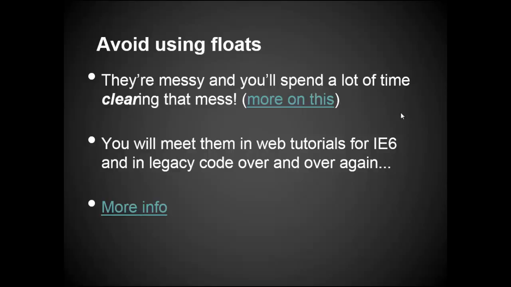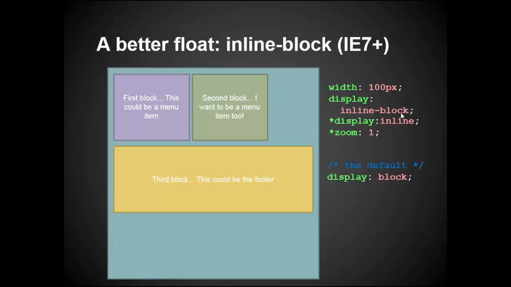But bottom line, what you should have in mind is that floats are messy, and you will end up spending a lot of time doing the clear and trying to fix that mess. There is a better way to do this, which is using inline-block, which we can use starting from IE7. With that, we change the display property from block, which is the default one, to inline-block, and we don't use the float.